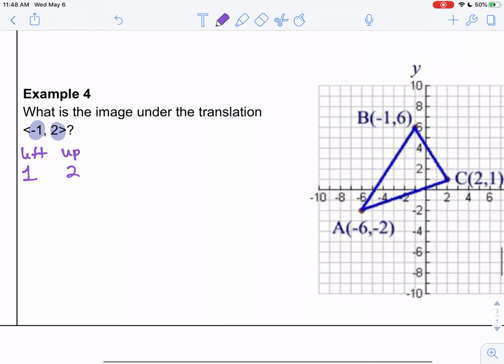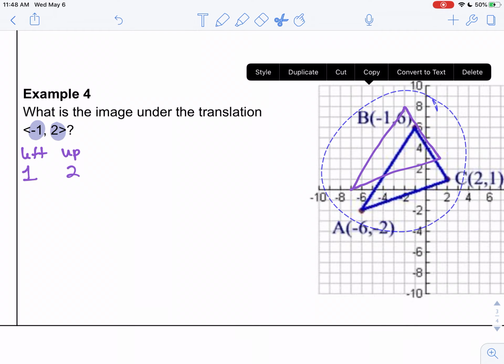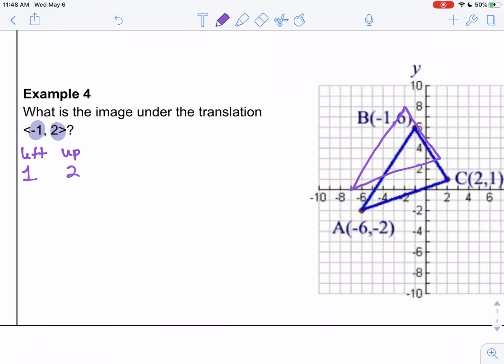If we are working in Notability, we could be a little lazy. I'm going to trace that figure. I'm going to move left 1 unit, up 2 units, and here is my new A prime, B prime, C prime. I could also choose to write out those coordinates.